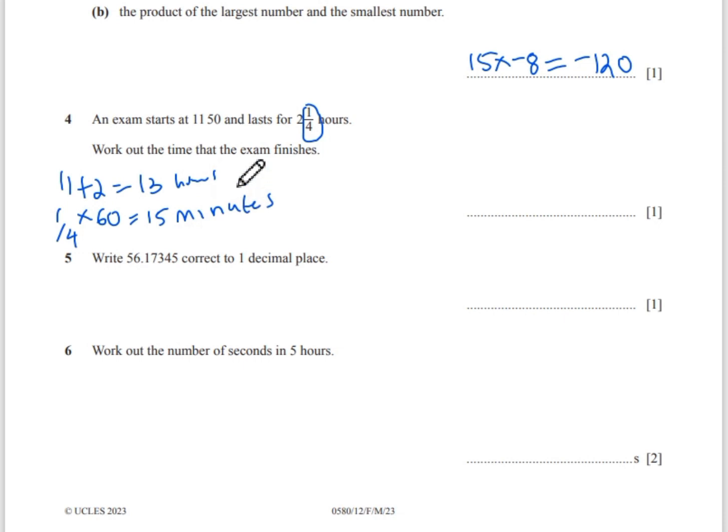Now we add this 50 to 15, which gives us 65. There are 60 minutes in 1 hour, so when you subtract 60 minutes from 65, you are left with 5. The 60 minutes is 1 hour, so when you add it to the 13 hours, it becomes 13 plus 1, that's 14.